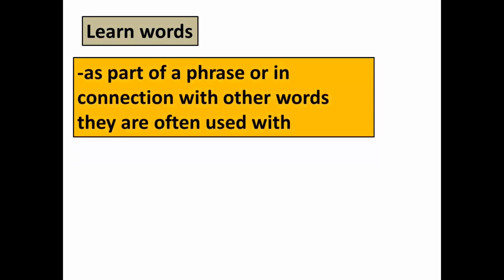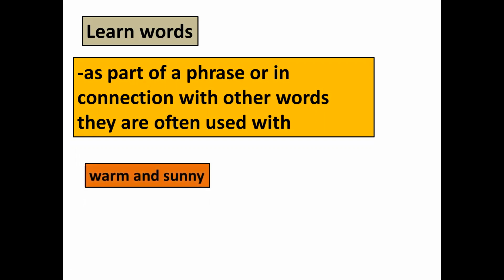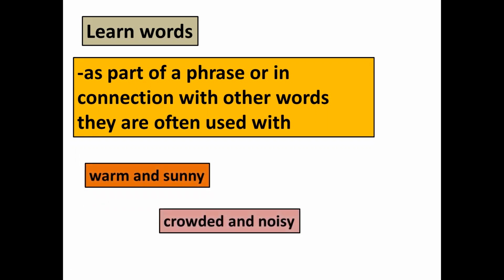Before I conclude, a piece of advice: always try to learn words as part of a phrase or in connection with other words they're often used with, like warm and sunny, crowded and noisy. Okay, so look for words that connect or are often used together and learn them as phrases, as chunks.